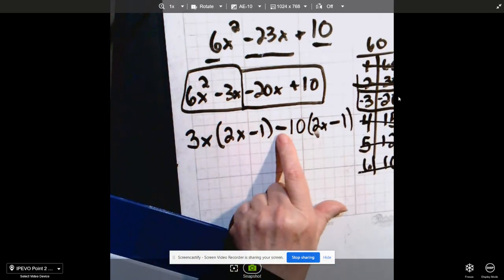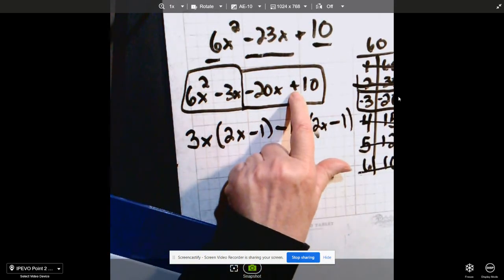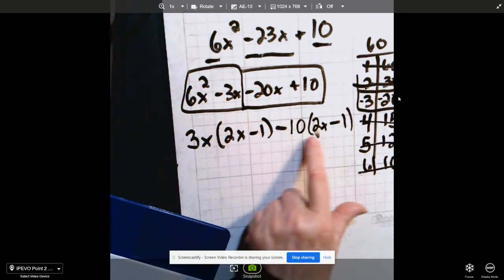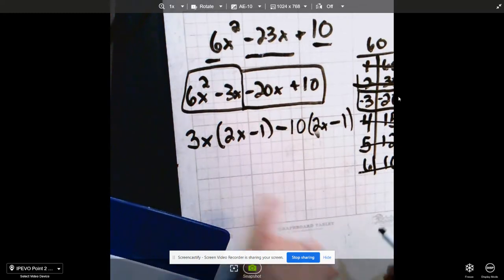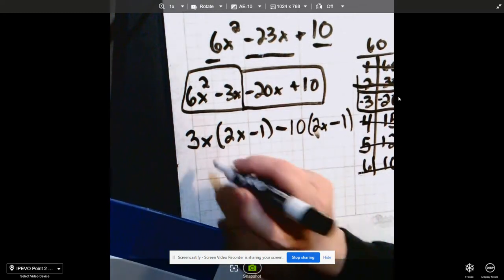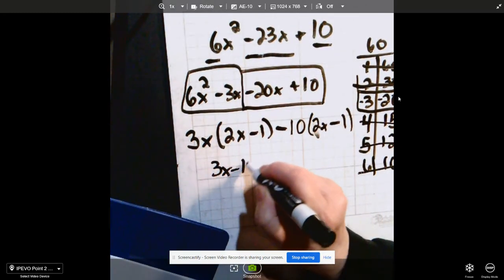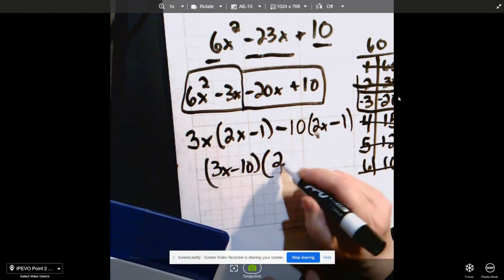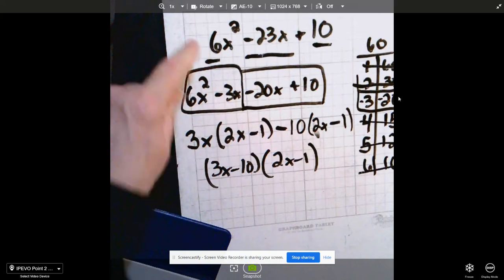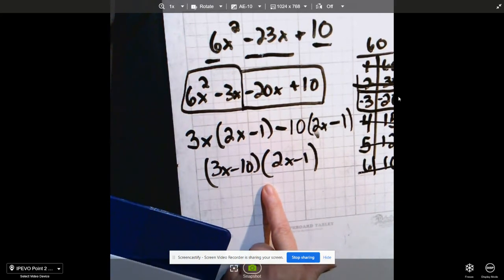Remember, a negative times a negative is what will give me a positive, so make sure you check that your signs are correct. And remember, these two parentheses have to be the same. So my factors are what I took out, 3x minus 10, and what I have in parentheses, 2x minus 1. So now I have factored that trinomial.